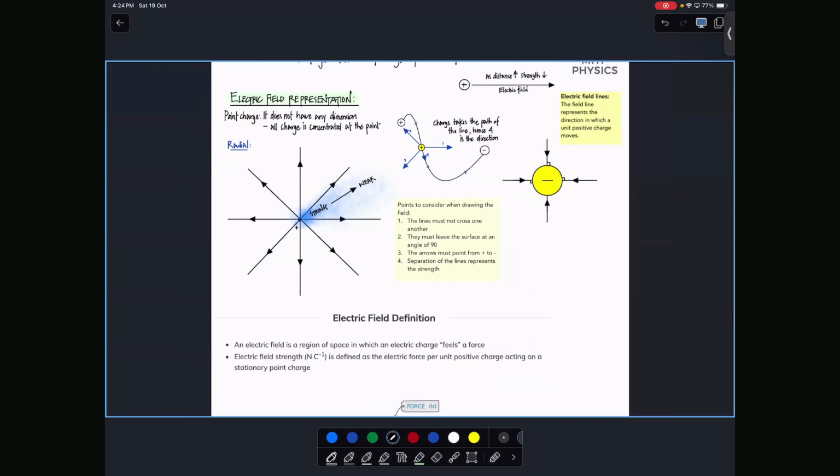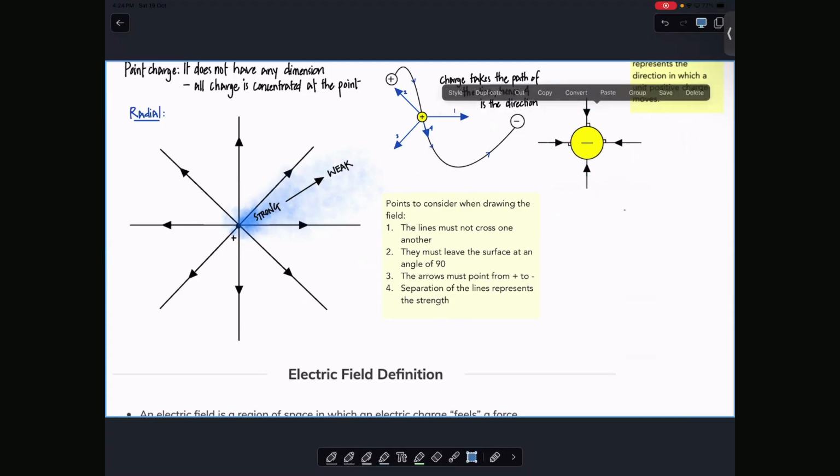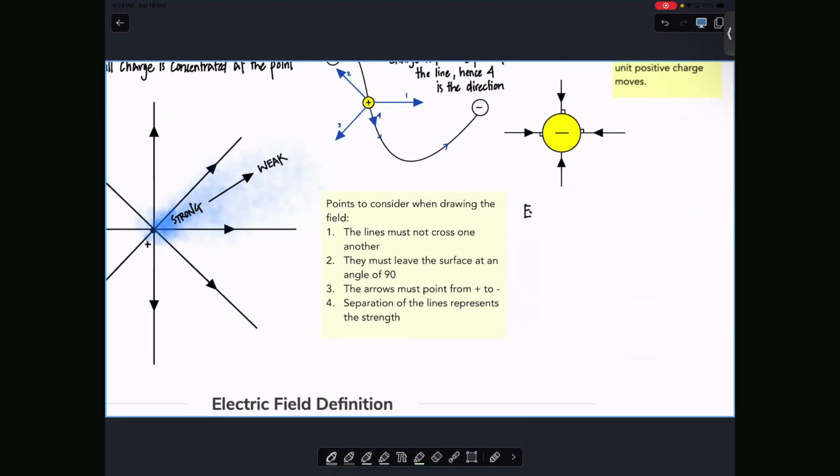Okay, so a couple of fields that need to be drawn. Examples. Okay.